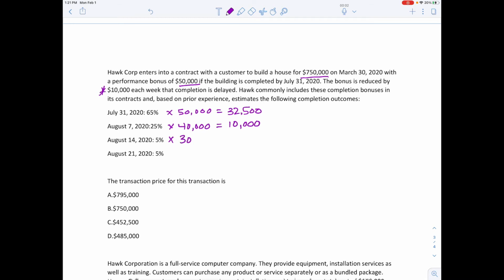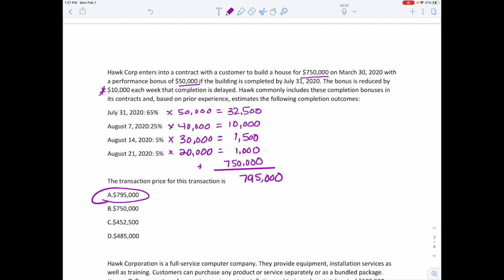Third week, we're going to reduce again, which comes to $1,500, and that fourth week is $1,000. Don't forget, we have to add in the contract price. Add that all up, and what you are going to get, if I did my math right, is $795,000 for A.